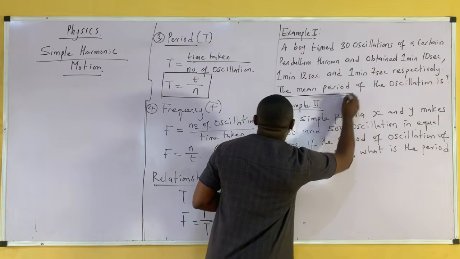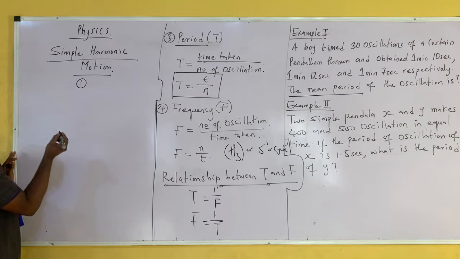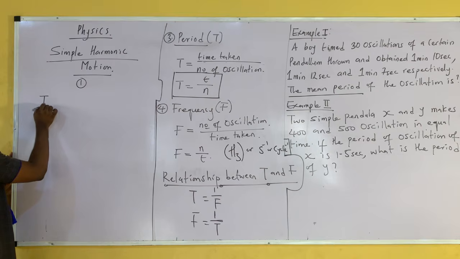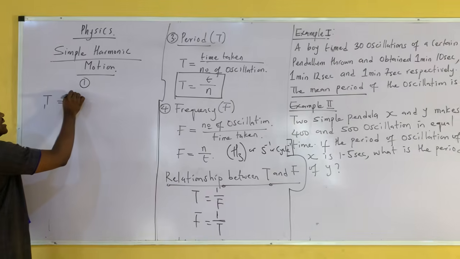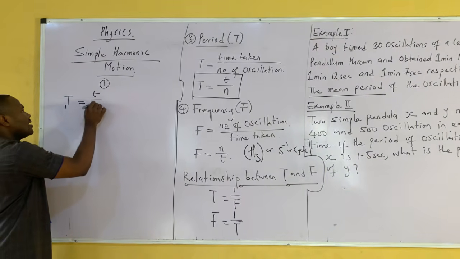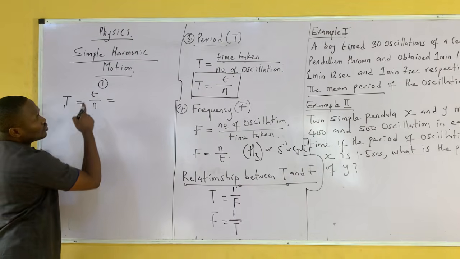The mean period. So solution to number one will be for the first. What is period? For the first, I have period equals the time taken over the number of oscillations. What's the time?